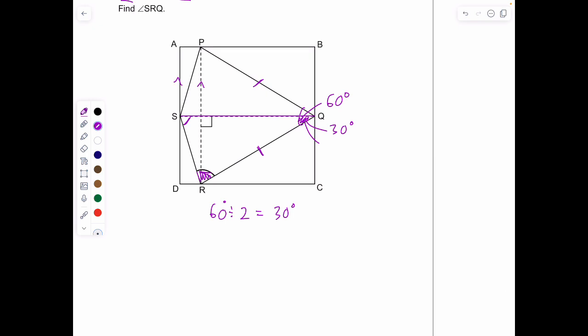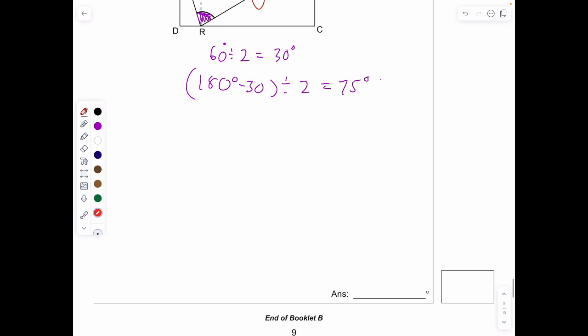We know that since this is the same as this, because they're all isosceles, they are all the same length, what we can do now is take 180 degrees minus away the 30 degrees, and then we divide by 2. And my answer will be 75, because this angle equals this angle, granted that they are isosceles triangles. Okay, so answer 75.